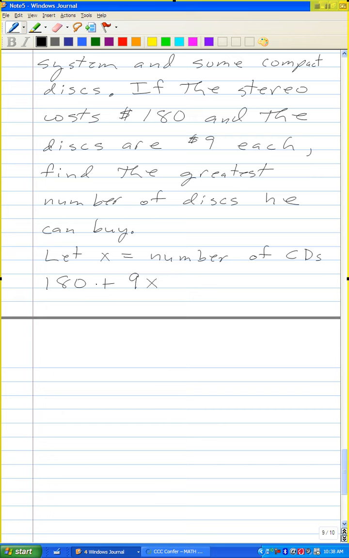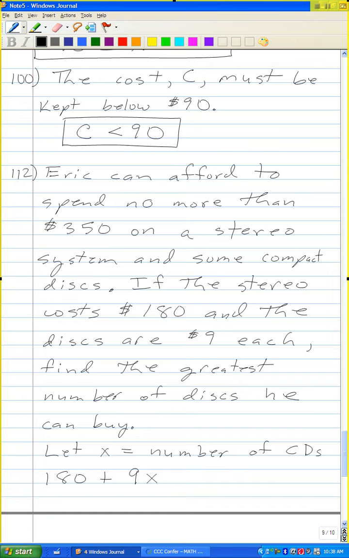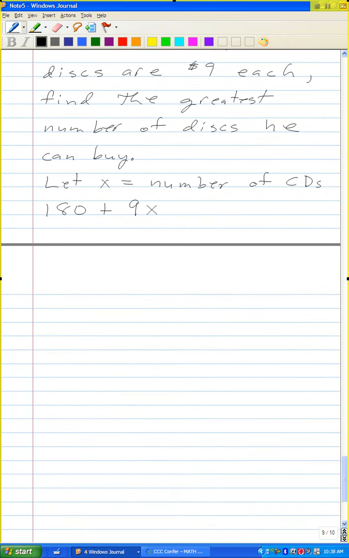So if you purchase x of them, then they will cost 9x. And, well, it says here that he has no more than $350. No more than 350.